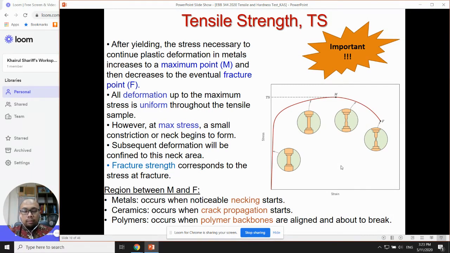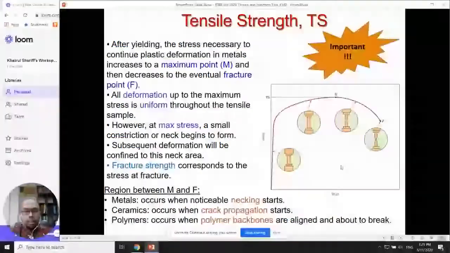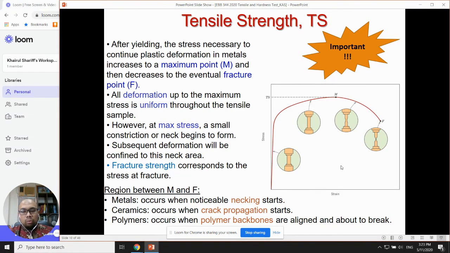And number three, you need to explain what happens at each stage. Normally, number one, you have the elastic region, meaning the material can bounce back to its original shape. When the sample exceeds the yield strength, it cannot go back to its original shape but elongates over time. When the sample exceeds the UTS value, the necking has already started, and then the material fractures. In this stress strain curve, you have three stages.